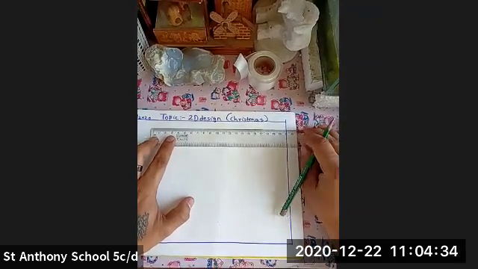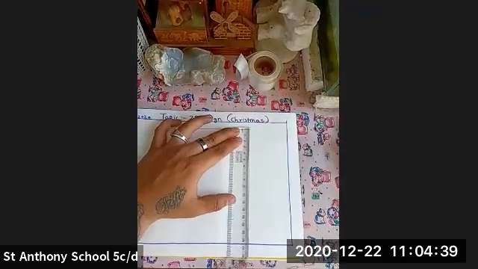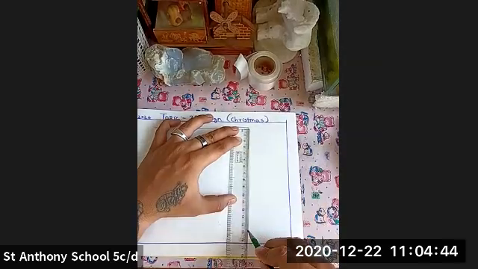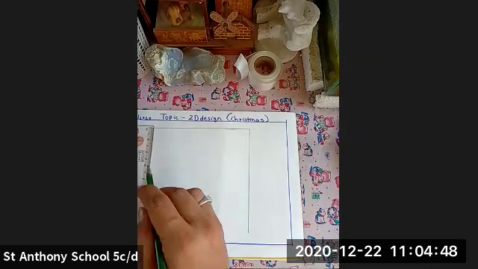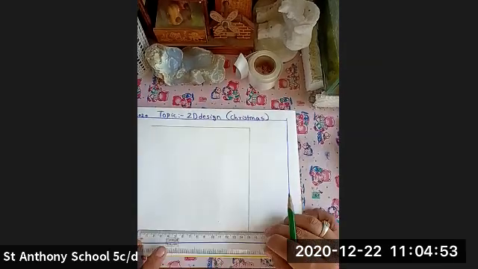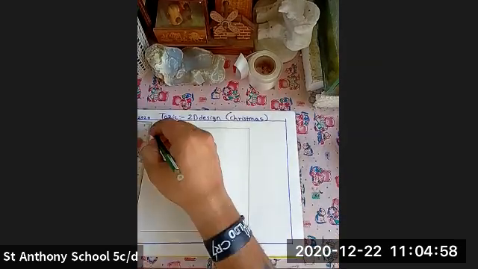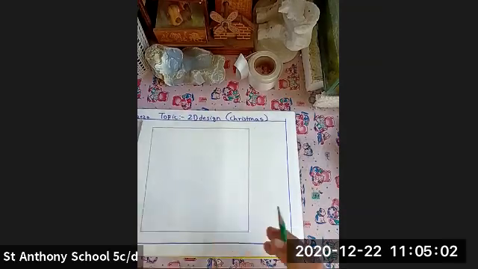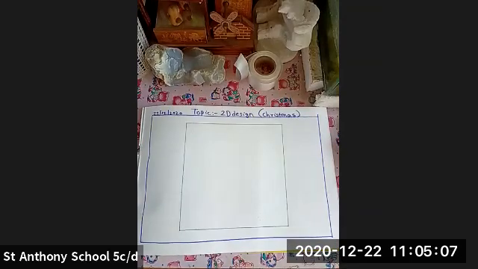How many centimeters? 15 centimeters. It should be in the center of your page. You have to draw a square of 15 centimeters. So this is how I have drawn one square of 15 centimeters.